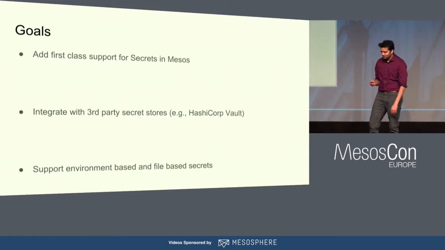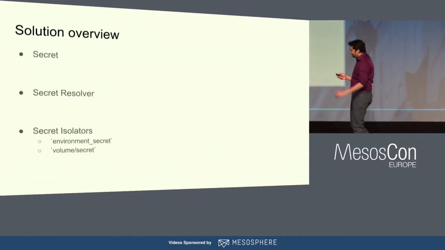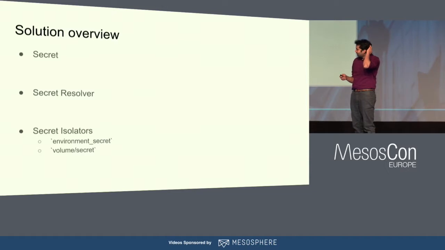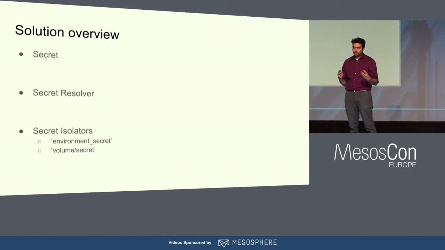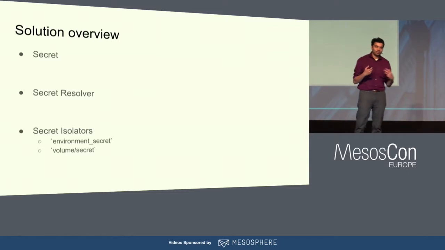fetch images. So again, the solution for this has three parts. We introduced a new concept called secret. It's a first-class protobuf, a first-class primitive that Mesos understands and knows how to deal with. We also introduced the concept of a secret resolver, which is responsible for resolving a secret, and we'll talk about what it means to resolve a secret.